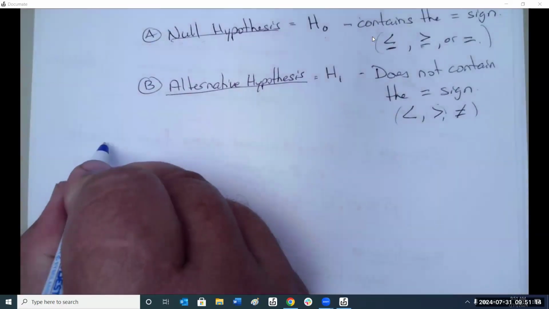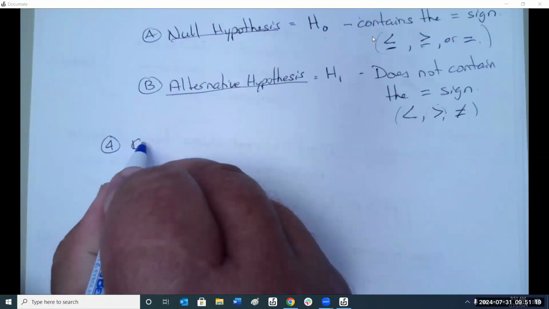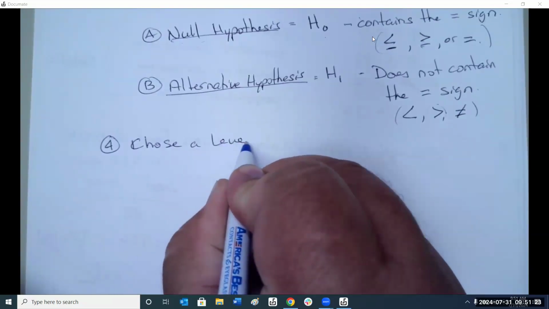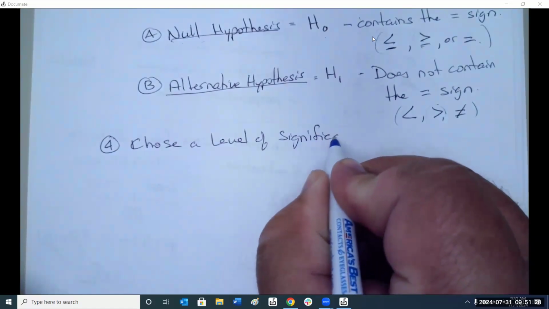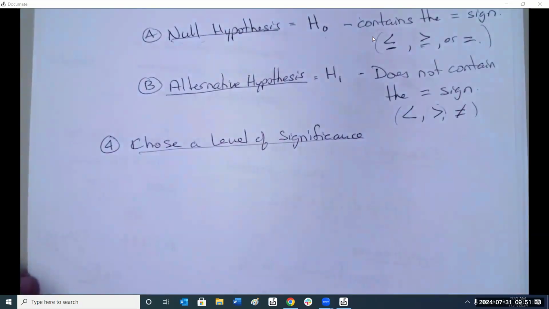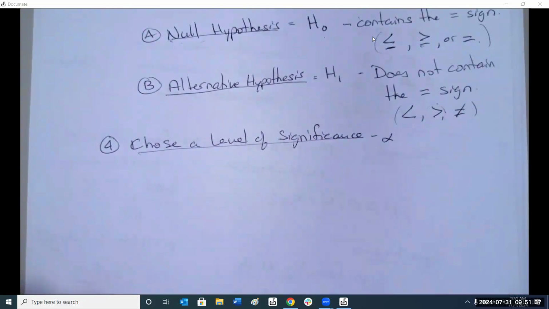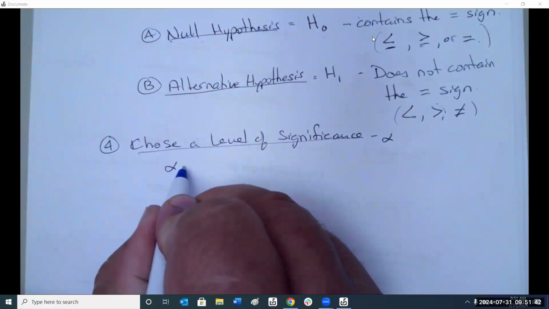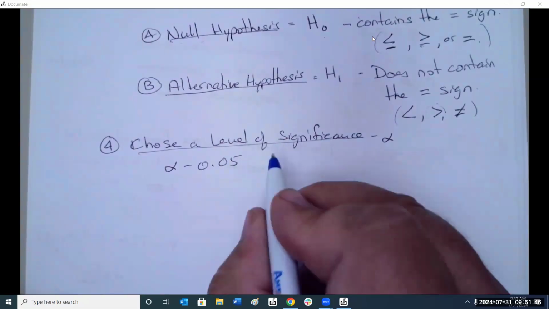Now the fourth step, choose a level of significance. And what we've talked about is your alpha. So you can say, I want my alpha to be 0.05 or 5%.